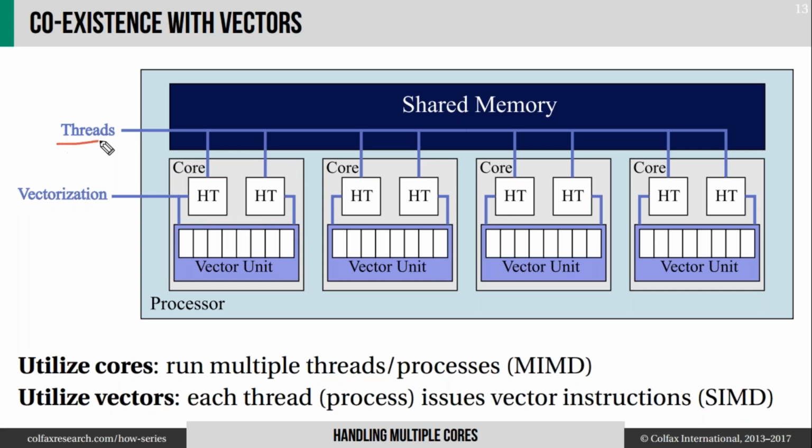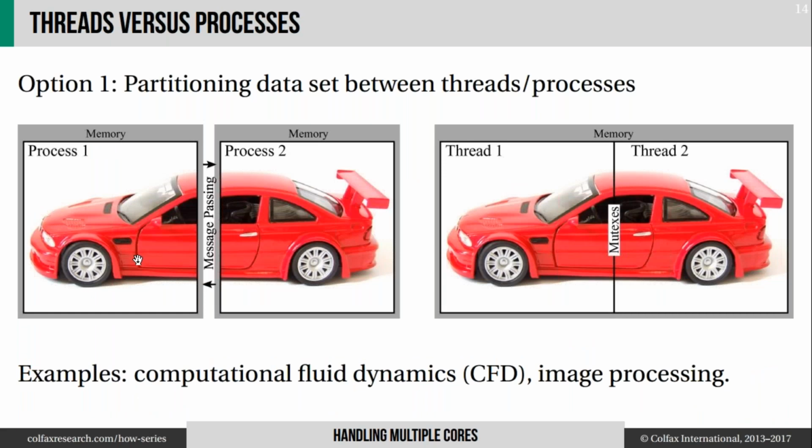Threads are actually just one of the ways to occupy multiple cores. Another way to occupy multiple cores is multiprocessing.